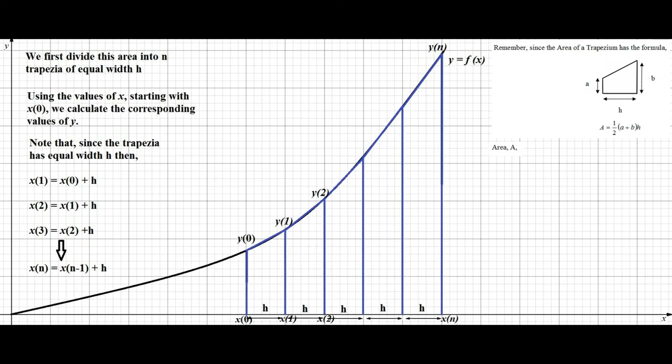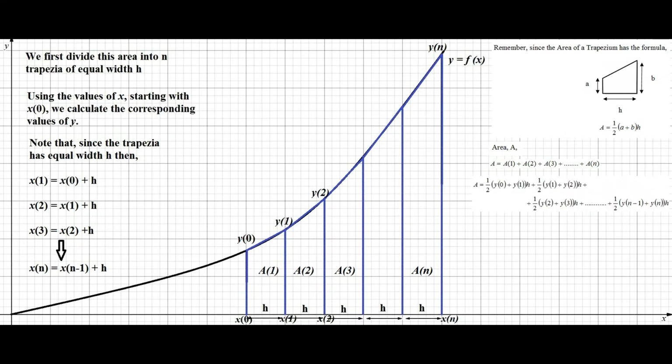In order to work out the area A under the curve y equals f of x between the lines x equals a and x equals b, we need to add, as I said before, the areas of each of these individual trapezia. So we need to add the areas A1 all the way until we reach AN, the area of the last trapezium.